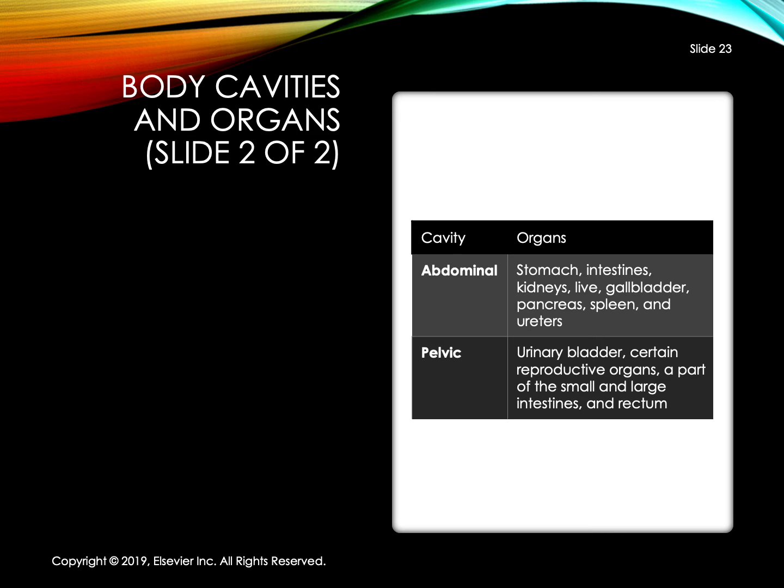And in there we have all kinds of interesting goodies like the stomach, the intestine, the kidneys, the liver, the gallbladder, the pancreas, the spleen, and the ureters. And then in the pelvic cavity, which is the very lower part of this abdominopelvic cavity, we have the bladder and the reproductive organs like the uterus and the ovaries, and then also part of our intestines, part of the small intestine, the large intestine, the sigmoid colon, and the rectum also live in the pelvic cavity.